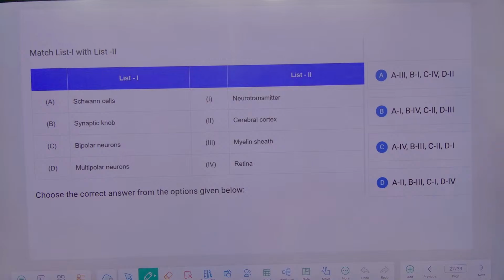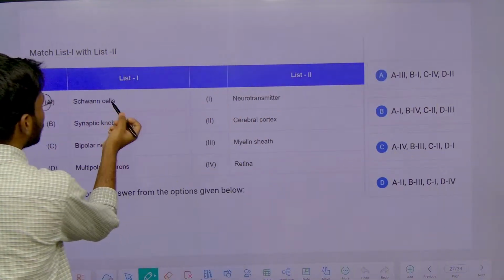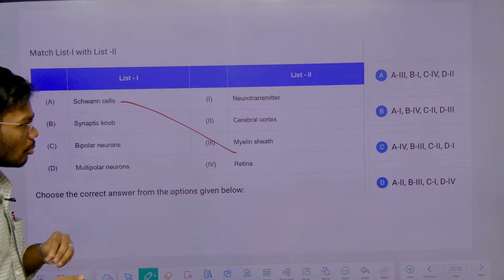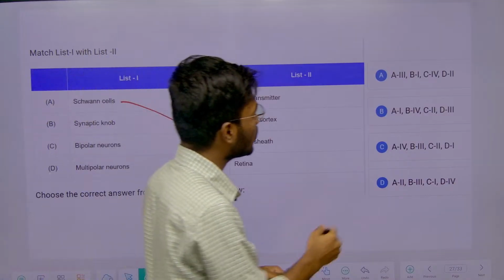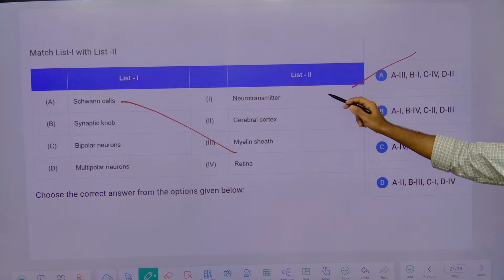Right, we have some matchings. Schwann cells, synaptic knobs, bipolar neurons, multipolar neurons. A, Schwann cells give rise to the myelin sheath. So A is 3. Next B, synaptic knobs have synaptic vesicles, which contain what?